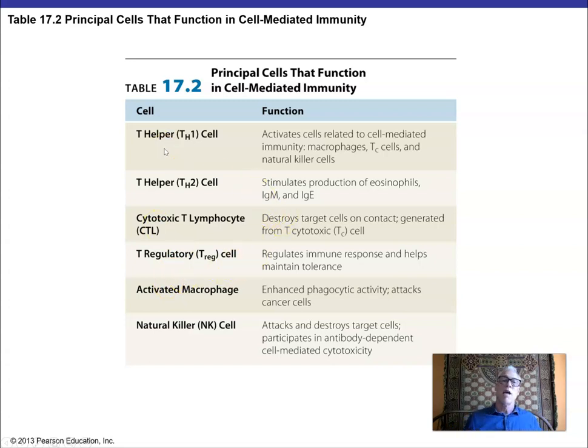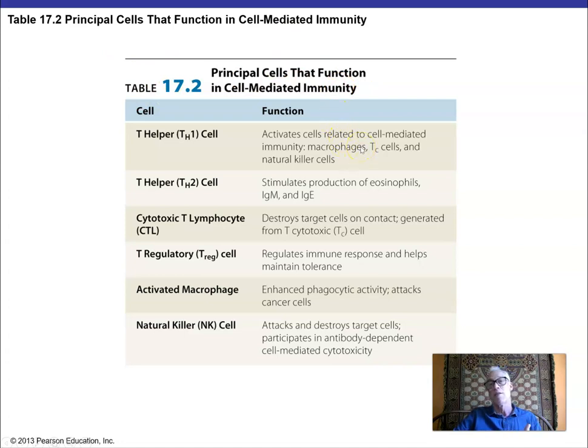So it turns out that helper T cells produce different cytokines depending on what cytokines were around when they were first activated. So-called Th1 T cells produce, there's another slide coming up about this, gamma interferons as well as interleukins, and those tend to activate cellular immunity, cell-mediated immunity.